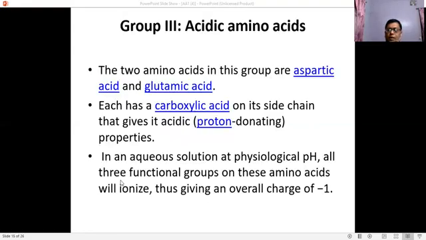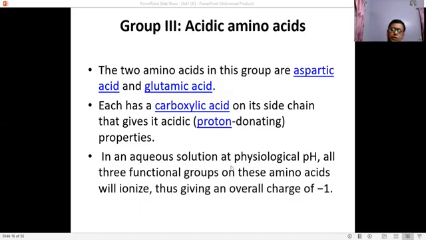Next is group 3, acidic amino acids. The 2 amino acids in this group are aspartic acid and glutamic acid. Each has a carboxylic acid on its side chain. So there is an extra carboxylic group present in these amino acids, and due to the presence of this extra carboxylic group, these amino acids become negatively charged.